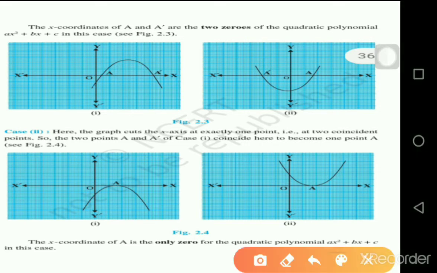Now, if we look at this graph, the graph intersects the x-axis at 2 points. So the number of zeros is 2. Here also, the number of zeros will be 2 as the graph intersects the x-axis at 2 points.